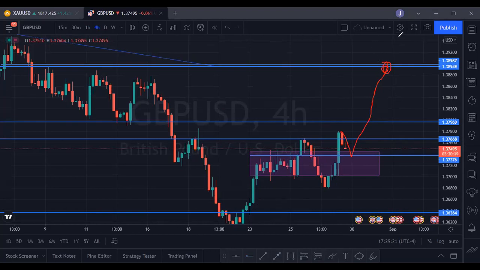So on GBP USD, I'm going to set a pending order. My pending order will be a bit below this horizontal line.